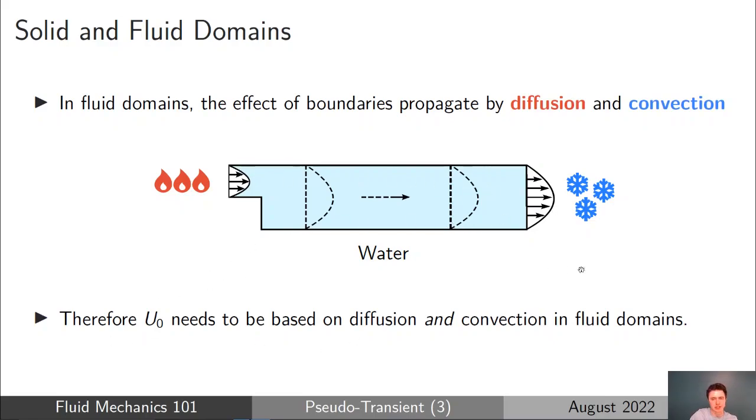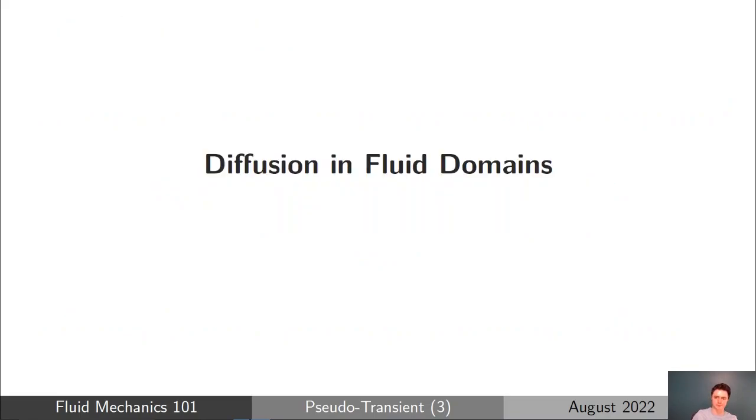So our characteristic speed is going to be based on the effect of both diffusion and convection. So we've got two different physical transport mechanisms that we need to account for when we pass this domain to the CFD solver and we say, this is a fluid domain, calculate my characteristic speed so I can specify my pseudo time step in this particular domain.